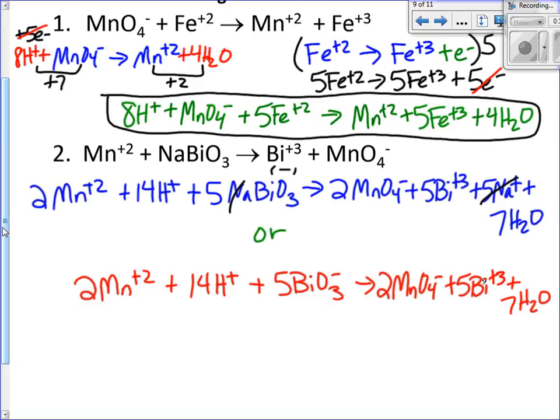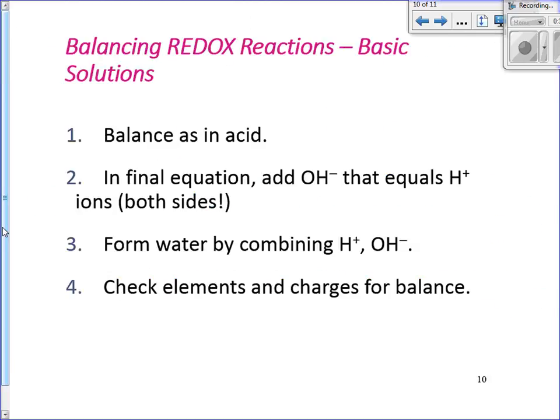Okay? We just have one other quick little thing to go over, which is balancing it when you are doing basic solutions. You do the same thing with the acidic, but there is an extra added step at the end. Okay? So let's write those down. You're going to balance it as an acid first, just like it's an acidic solution.